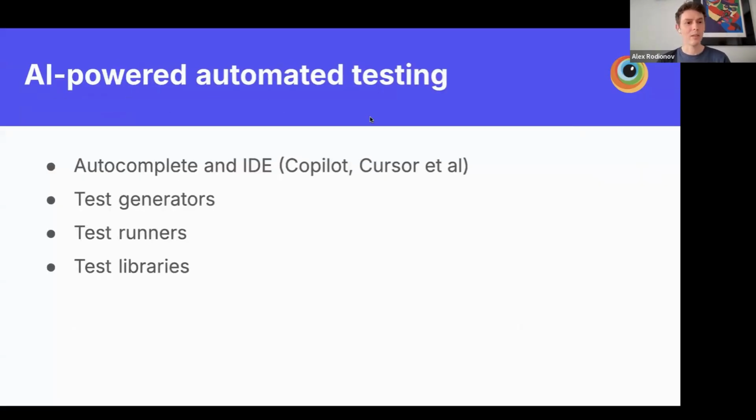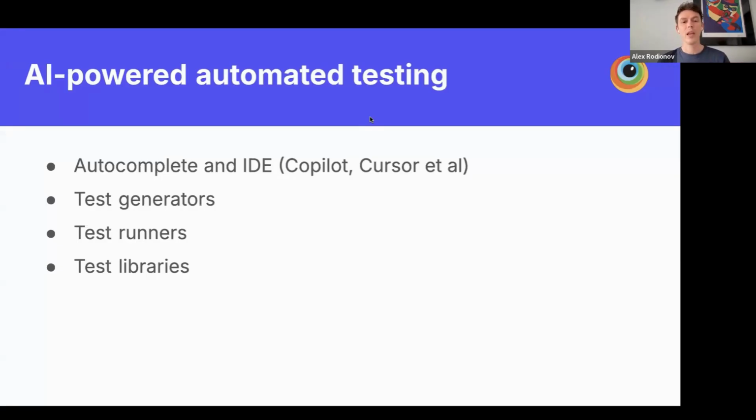All right, let's dive a little bit into automated testing, because I think here we have way more interesting projects from the open source community. And when we're talking about AI automated testing, I think we can pretty much group things into 4 different buckets. We start with just generic assistance.